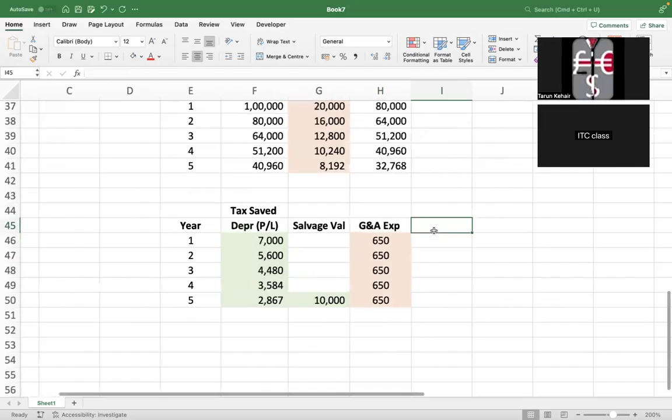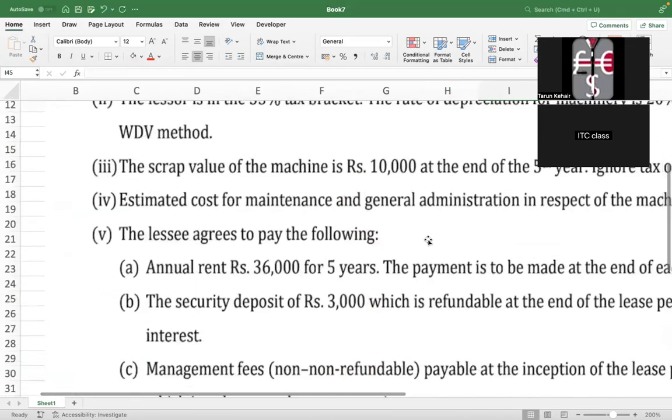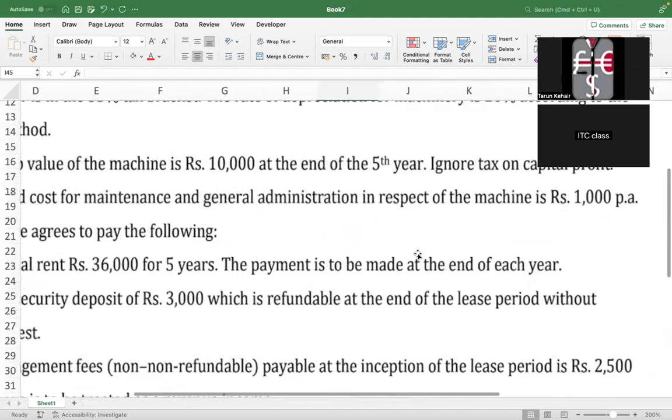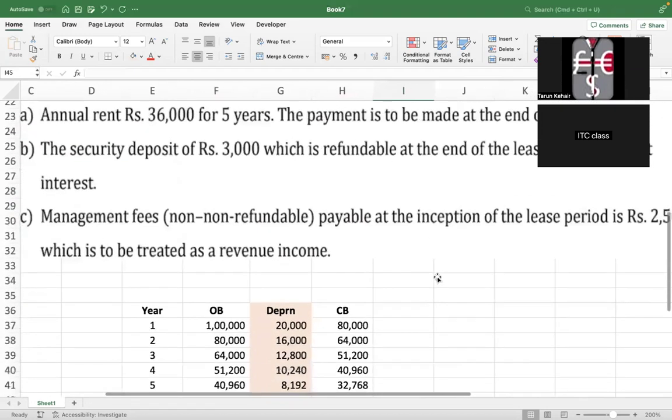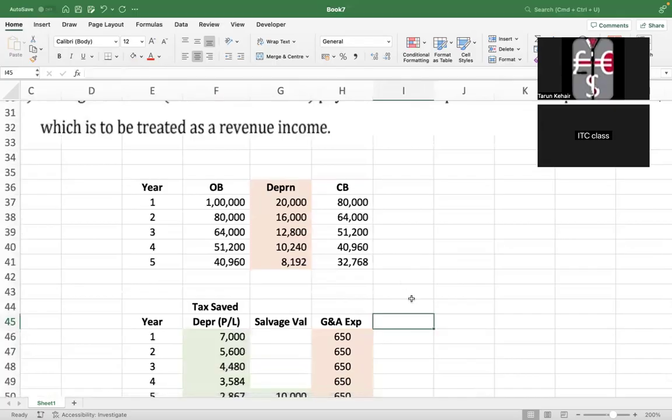Next is what? You also get an annual rent of 36,000. Now, the way expenses will save tax, incomes will have a tax liability associated.